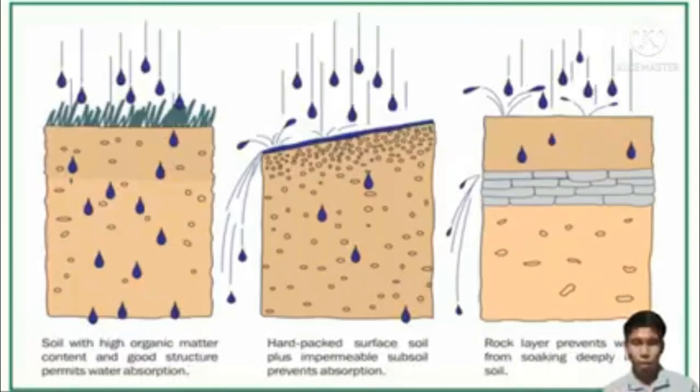While plants need water, they also need air in the root zone. The ease with which air and water may pass through the soil is called permeability.